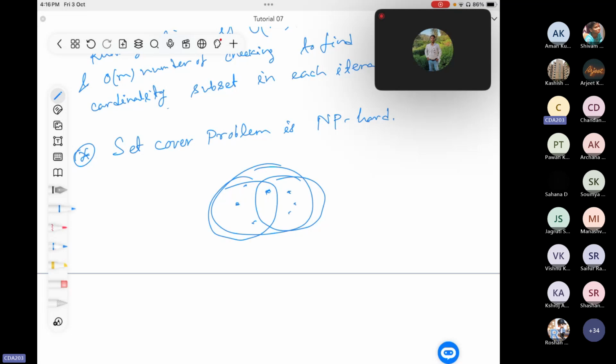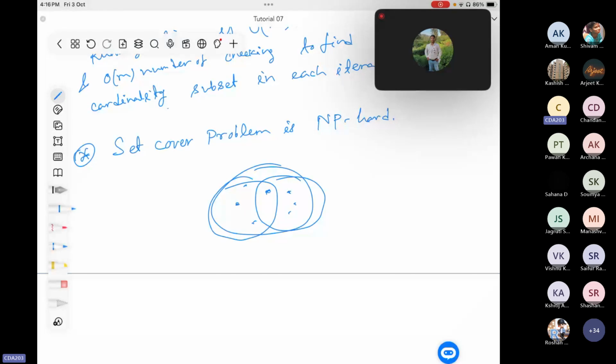I also read about a very good, direct application of set cover, which I think is about managing data. Sets can occur in very different forms.